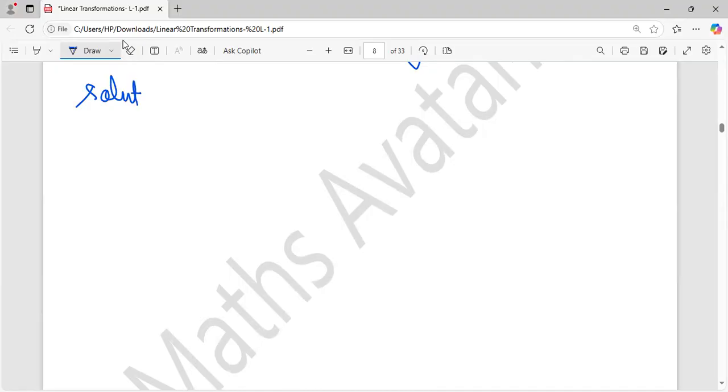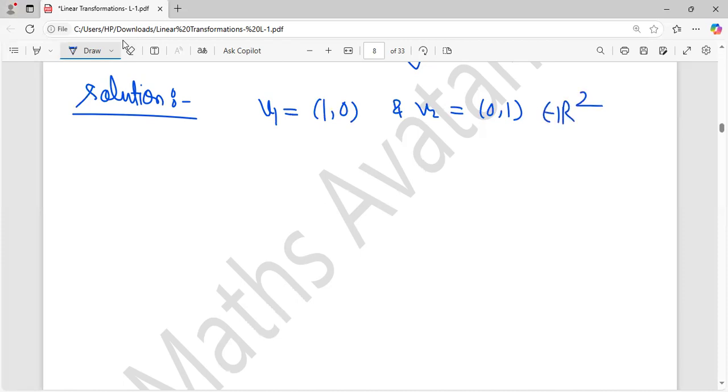Solution. v1 is equal to take this one. Now T v1 is equal to 1 into 0, which is 0, and T v2.